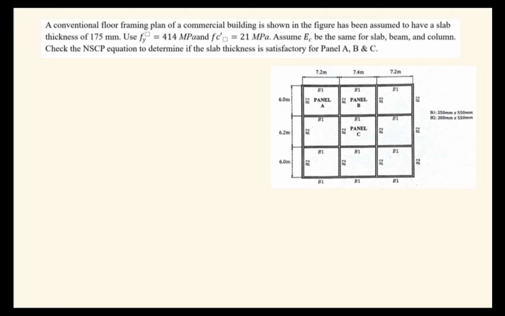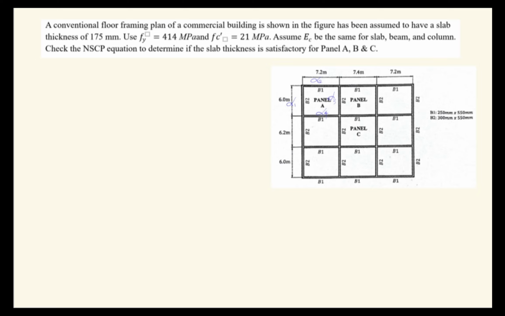So now we'll start determining the ratio of flexural stiffness of beam with that of the slab. And we say this to be alpha 1, alpha 2, alpha 3, and alpha 4. For the purpose of this presentation, we'll concentrate on panel A.